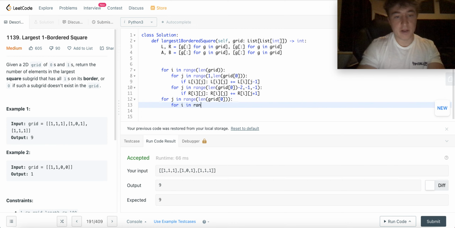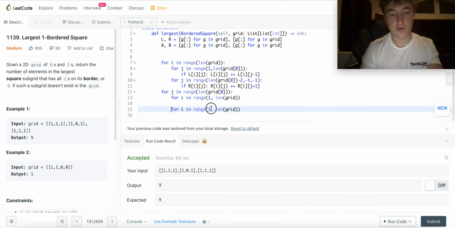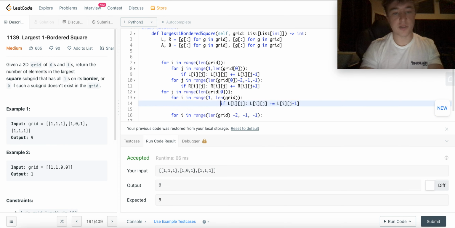For i in range, length of grid, we'll go from 1 to the end. And then we'll play the same game for i in range from the end, excluding the last one, to 0, going in the negative direction. And this is pretty similar, so I'll just copy that.